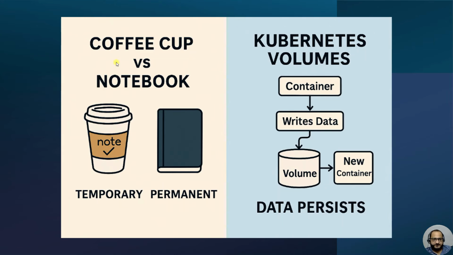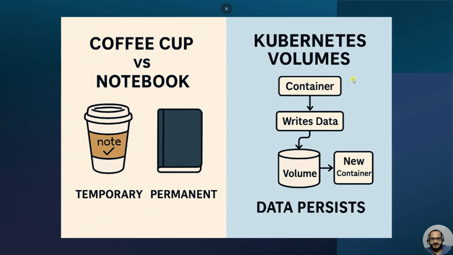Another example I have defined here: in other words, containers are like our coffee cup. We drink coffee and we just throw the cup away. But notebooks are permanent, because whatever data or text we write on them will persist, and will always be available.